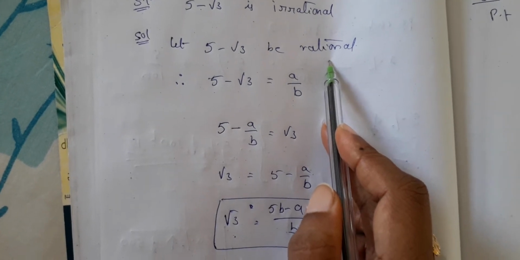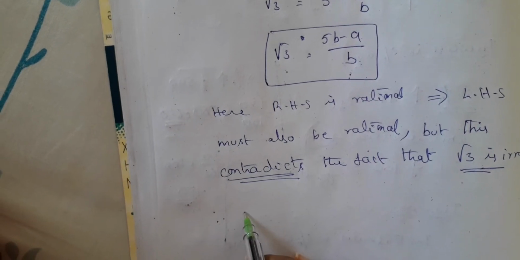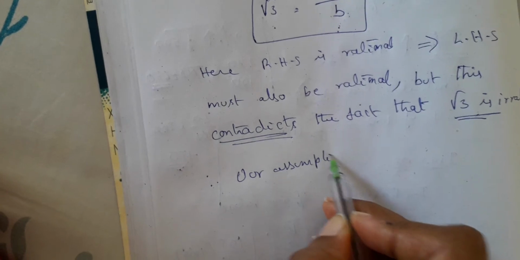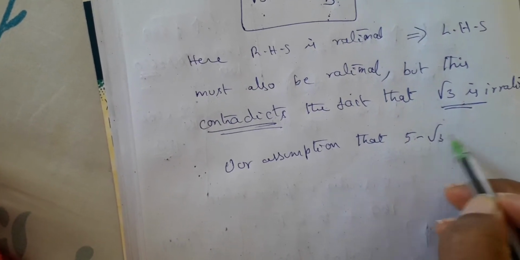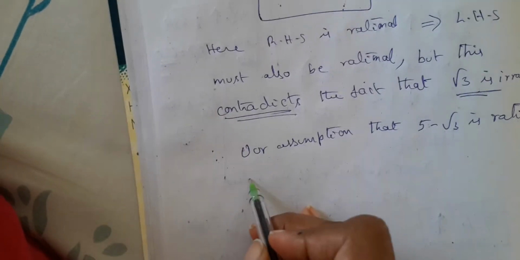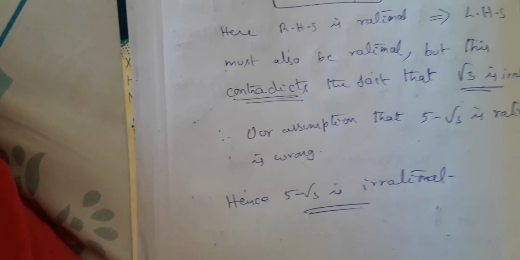So therefore our assumption that 5 minus root 3 is rational is wrong. Hence 5 minus root 3 is irrational. This is how you have to prove 5 minus root 3 is irrational.